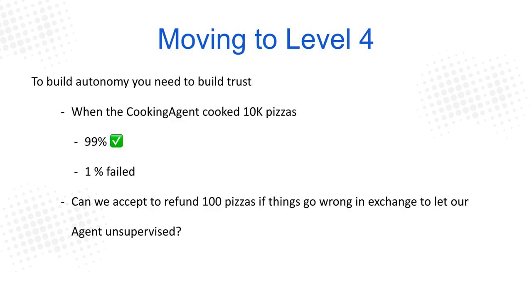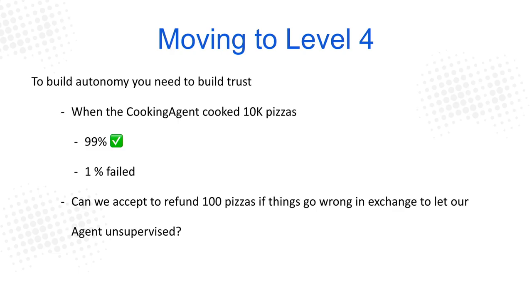And moving past spec-driven and intent-based development, it's all about trust, and I haven't seen any presentation today covering this, which I think is extremely interesting, right? How do we build a model where we can say, well, I really trust this agent, it can do well? In this case, the cooking agent has cooked 10,000 pizzas. It failed 1% of the time. So it's more like a business question.